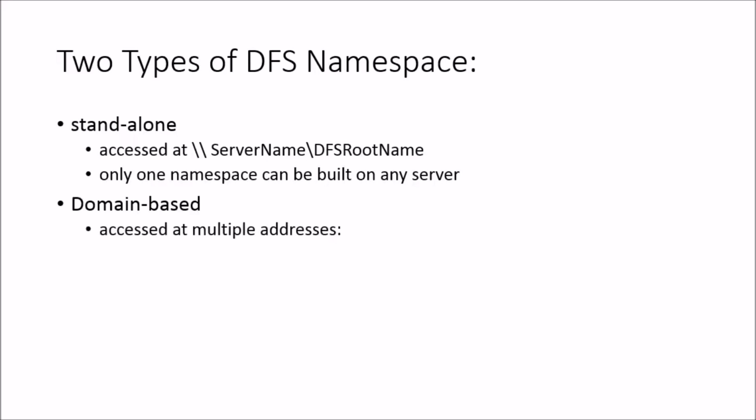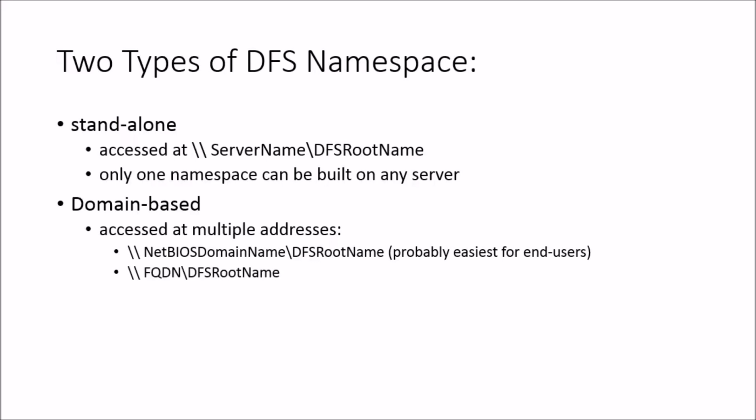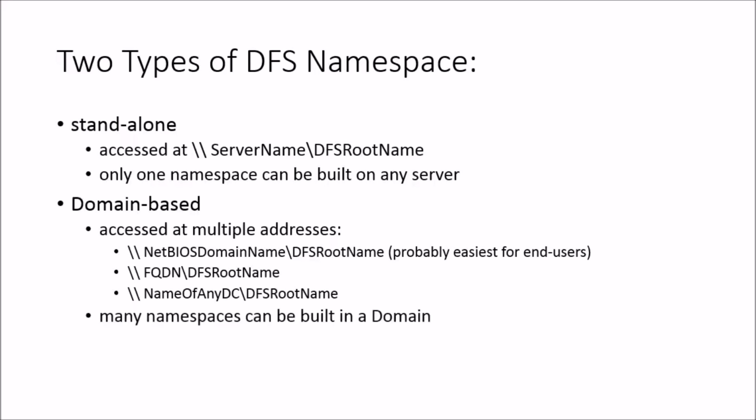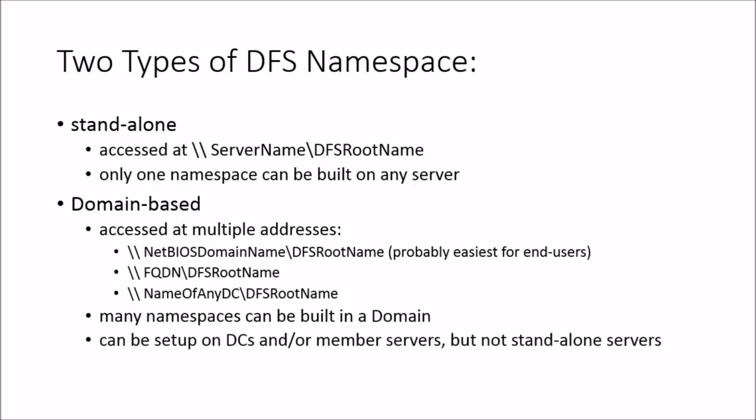Domain-based is accessed at multiple addresses: //NetBIOS domain name/DFS root name, which is probably easiest for end users, //fully qualified domain name/DFS root name, and //the name of any DC in the domain/DFS root name. Many namespaces can be built in a domain, and it can be set up on DCs and/or member servers, but not standalone servers.